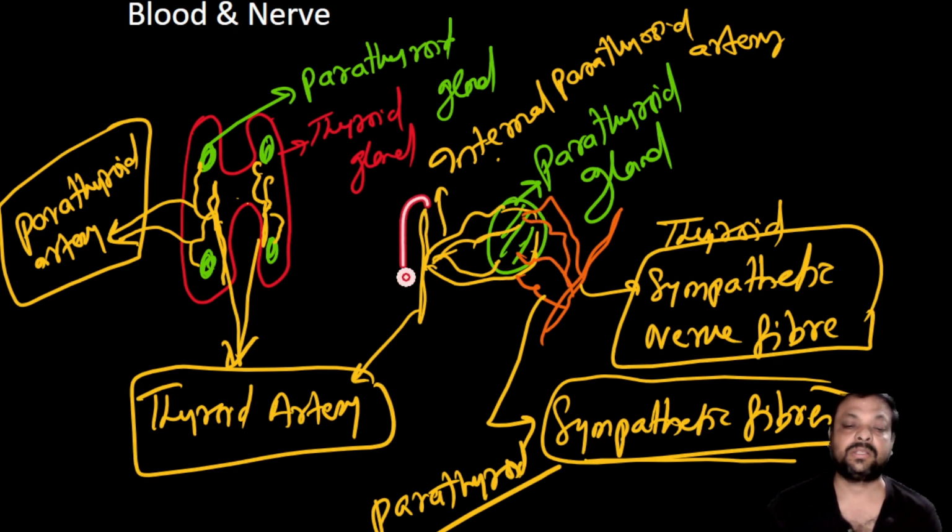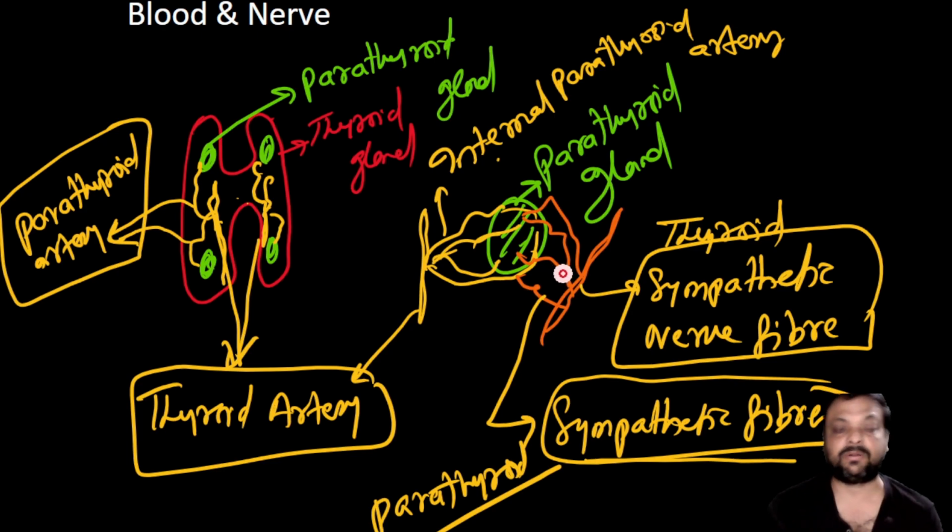So we have the main artery, the thyroid artery, and the main nerve fibers, the thyroid sympathetic nerve fibers. From them the branches arise and control the physiological activity of the parathyroid gland.